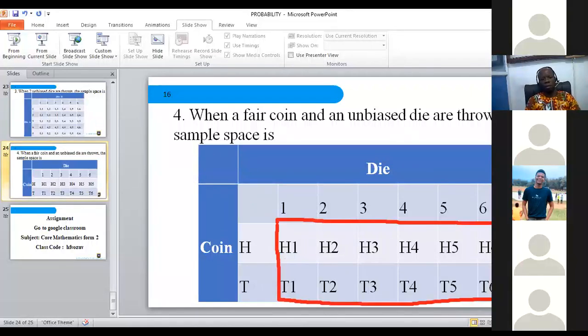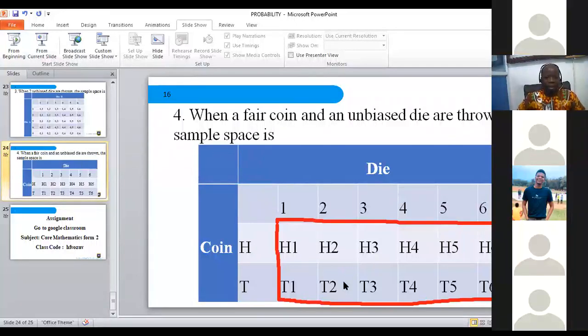The number of events, Raymond. 12. How did you get the 12? I counted the number of events. You counted. So all that I've circled in the red box there will give you the number of events. So we have 12. That is your sample space.